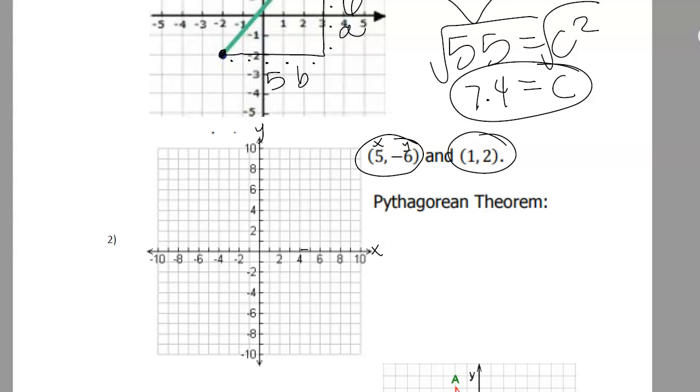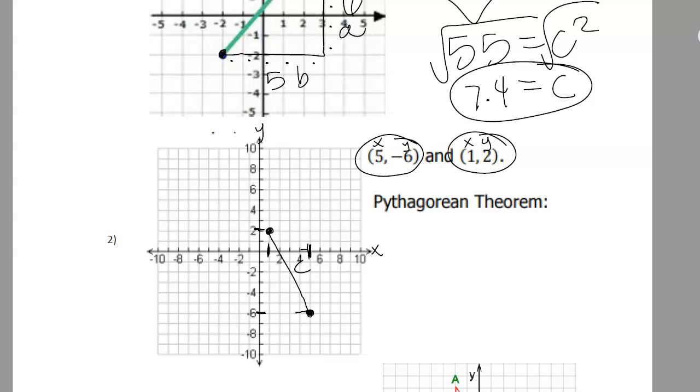So 5 and negative 6, that's right there. If you see the x is 5, the y is negative 6. And 1 and 2, my x is 1, my y is 2, so that is my point right here. So it's telling me to find the distance between those 2 points, that's my C.